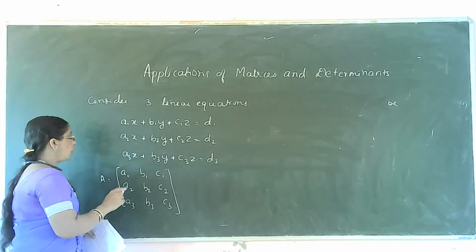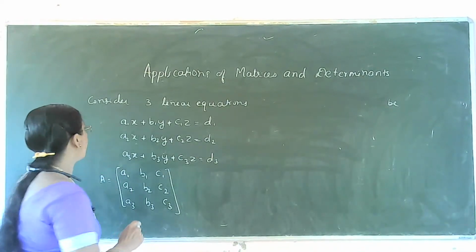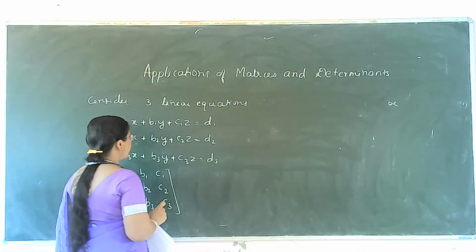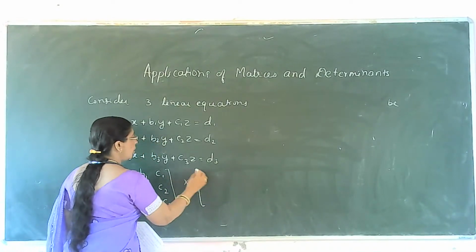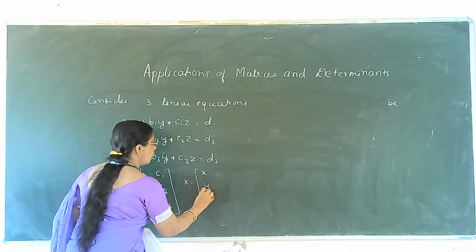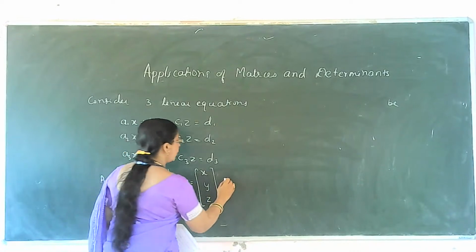One by one, in three rows, I write the coefficients of the linear equations on the left hand side. Then x is the matrix of variables x, y, z.